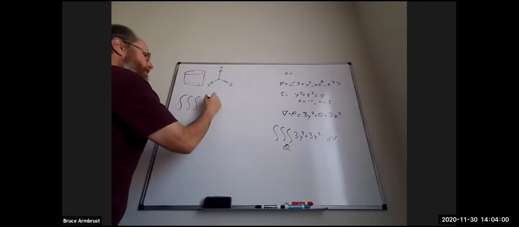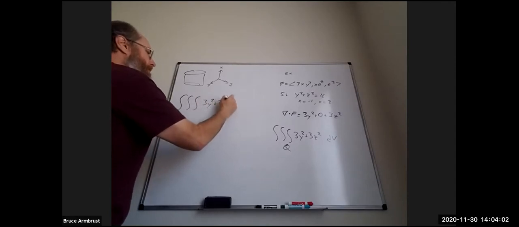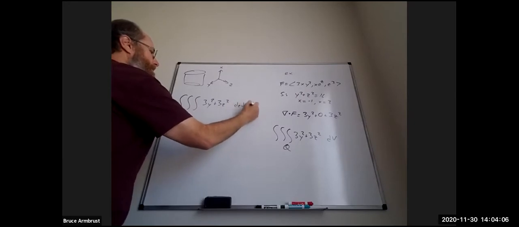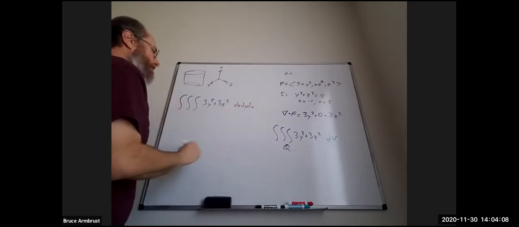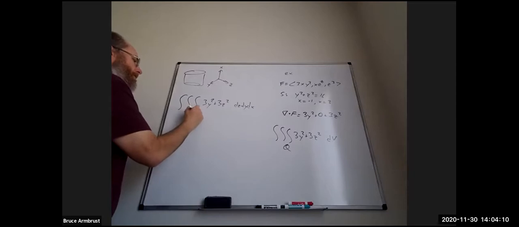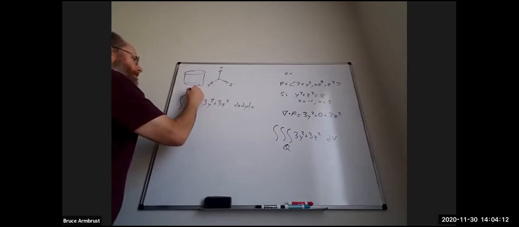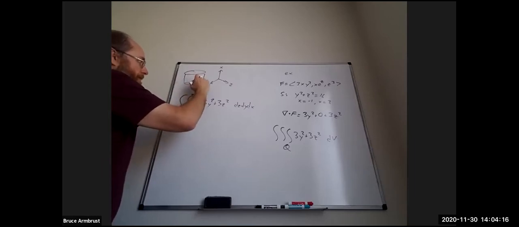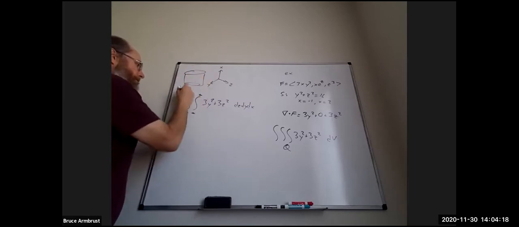So we'll have 3y squared plus 3z squared. And just for the sake of something, I'll do dz, dy, dx. So I don't know what these bounds are just yet. But the x I know. Once everything is done, the x's are going to range from -1 to 3.